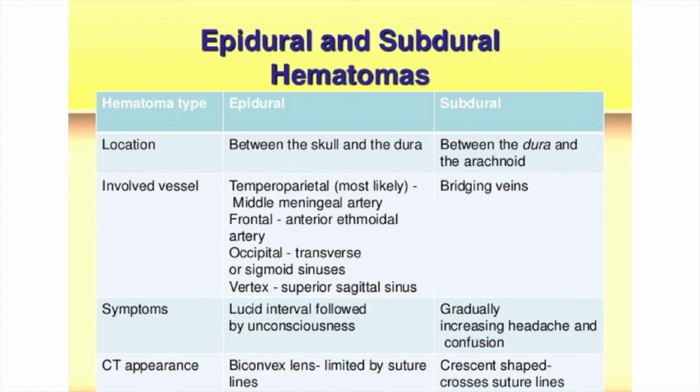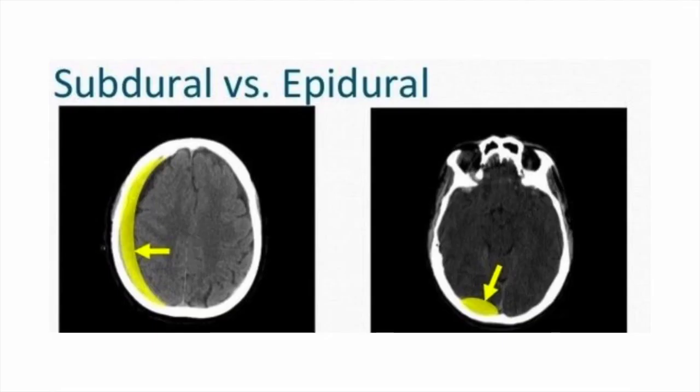So subdural hematoma is an emergency. You have to send the patient immediately to the theater for evacuation of this type of hematoma. All right, just keep in mind, subdural hematoma is an emergency, and you have to know very well the difference between epidural and subdural.